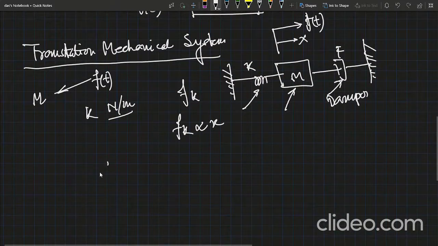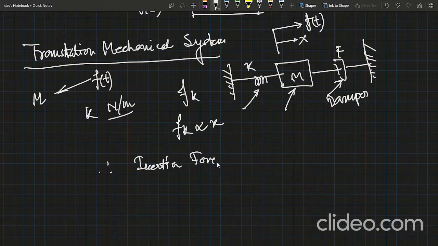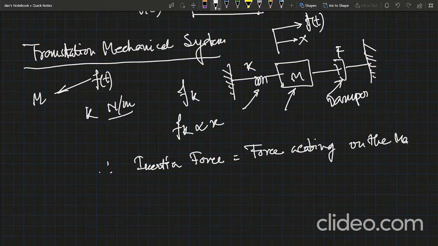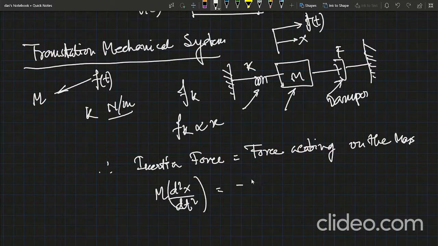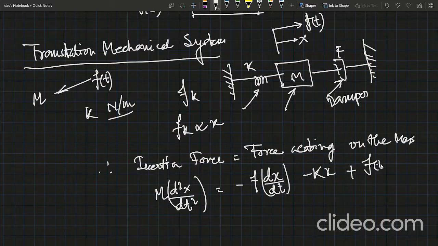That is, the inertia force equals the force acting on the mass: m d2x by dt2, which is the acceleration, minus F dx/dt, the damping force related to velocity, minus kx, the spring restoring force, plus f(t).